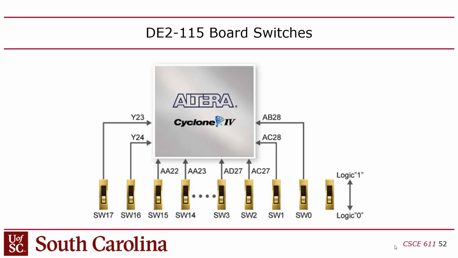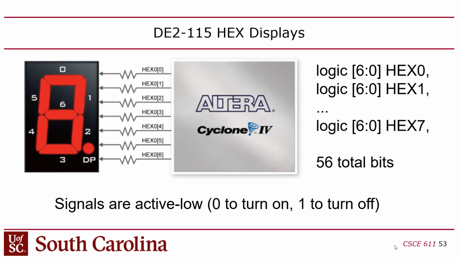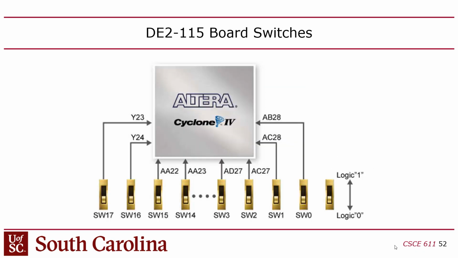The rows are letters and the columns are numbers, just like in Microsoft Excel. So like this is Y24, row Y, column 24. But you don't have to worry about that because these mappings between the names and the pins are already going to be provided for you in a project file that we're going to give you.